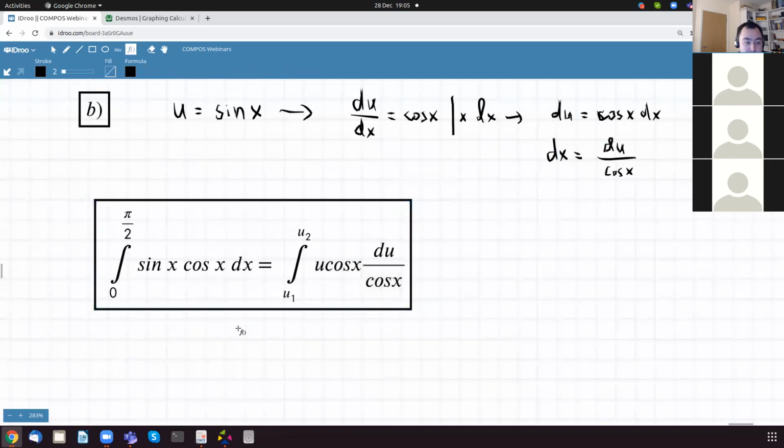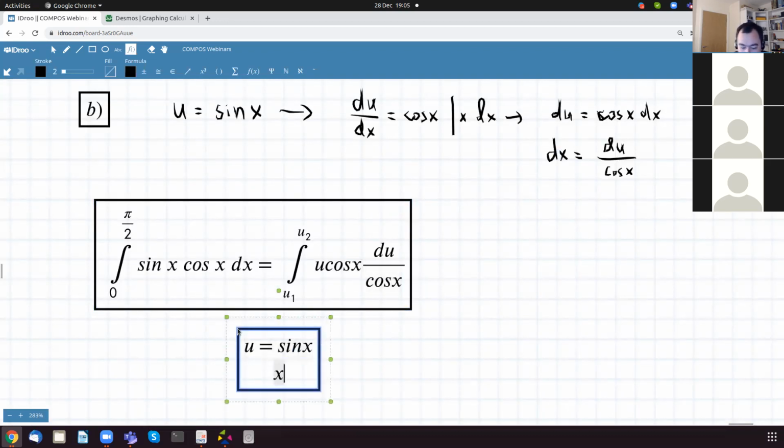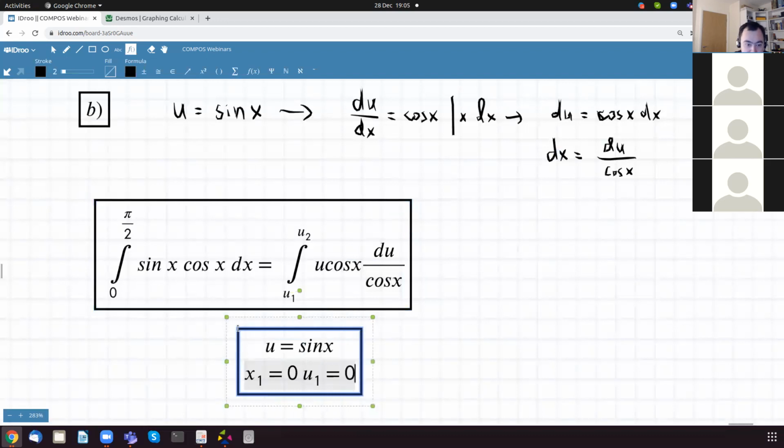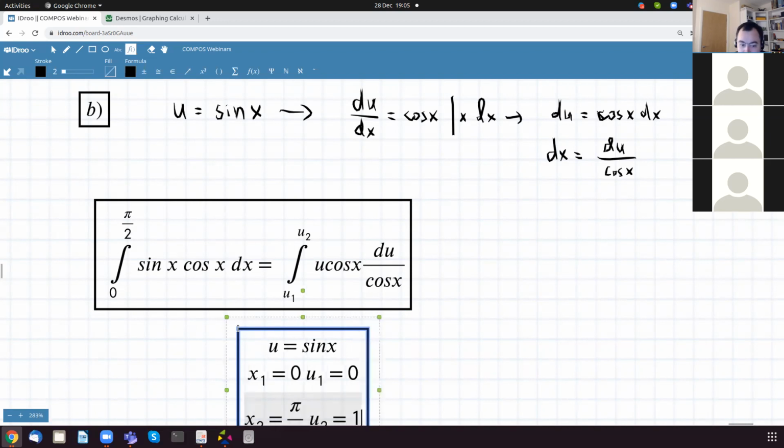Well, u1, we just substitute, because u is sine x, x1, the bottom value is 0. So u1 is also 0. x2 is pi over 2. So u2 is sine pi over 2, which is 1.